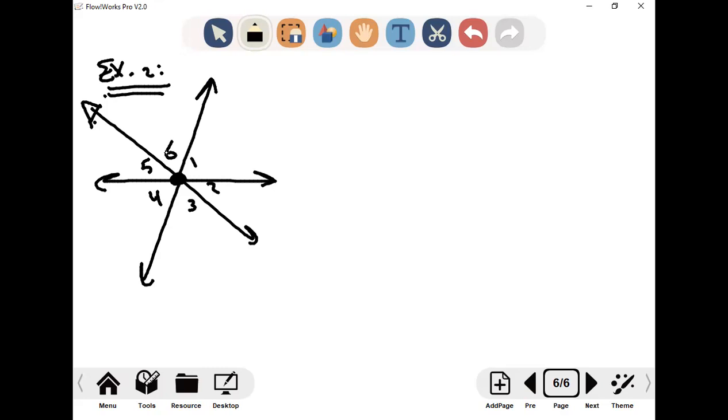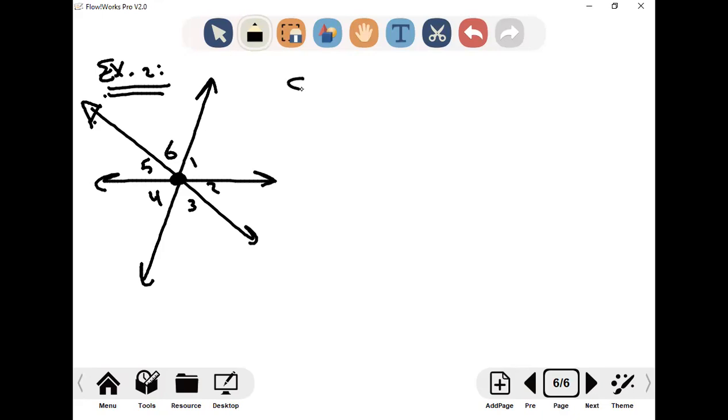The question said identify the vertical angle pairs. Two angles. Okay, don't say angle 6 is vertical, this is wrong. Angle 6 is vertical with which angle?